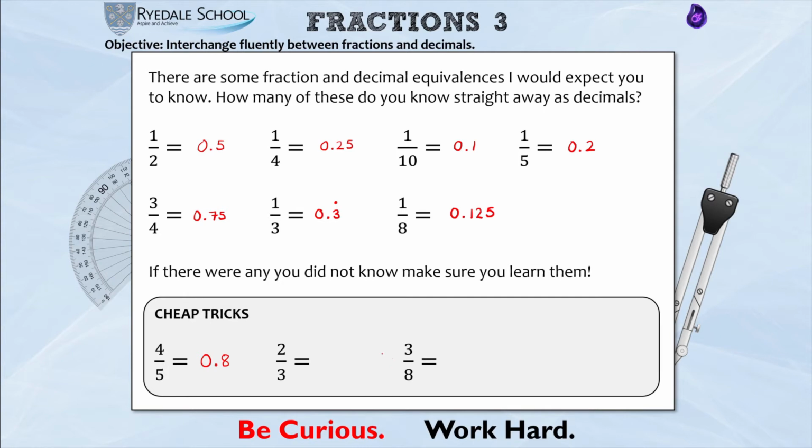So if 1/3 is 0.3 recurring, 2/3 is 0.6 recurring. And 3/8 is just 3 lots of 1/8. And 0.125 times 3 is 0.375. Now, as we work through the work today, do not forget about all these fractions that you already know, because these could be some potential shortcuts when answering some of today's questions.